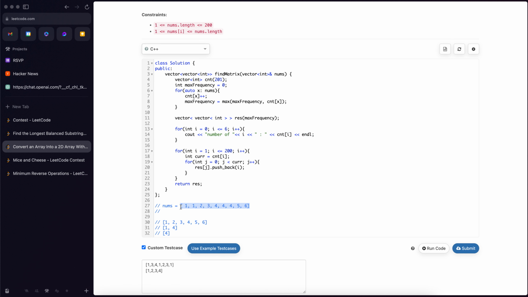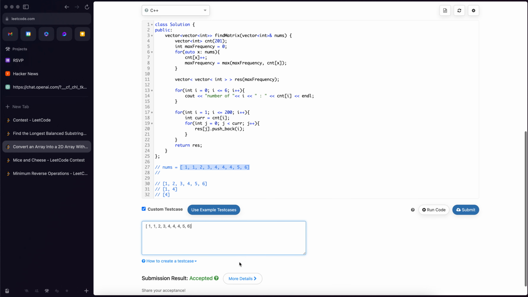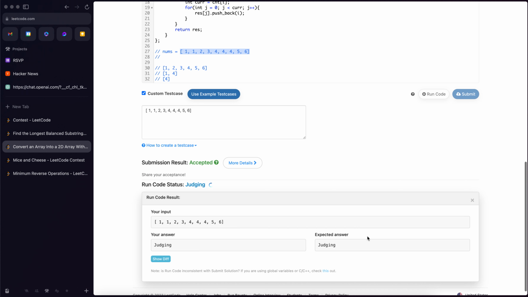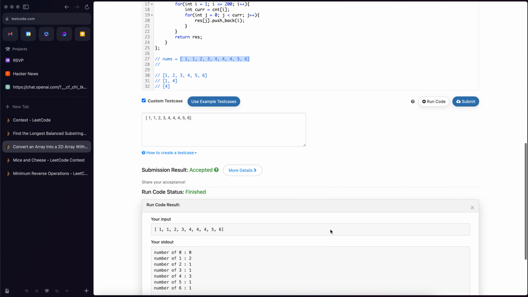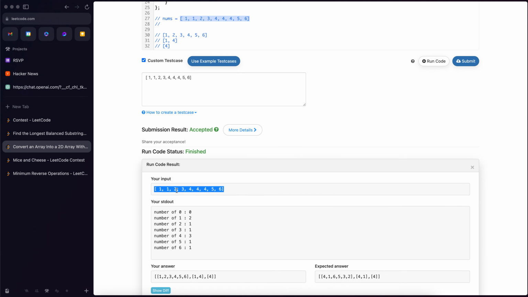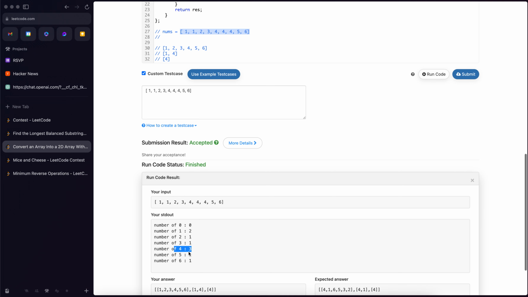Let me paste this as an input, and if we try to run this, yeah, so in this input basically it's saying that there are 0 0s, and there are total 2 1s, as in 1 and 2. There is just a single 2, there is a single 3, and there are 3 4s. So the number of 4s is 3, number of 5s is 1, and again number of 6s is 1.